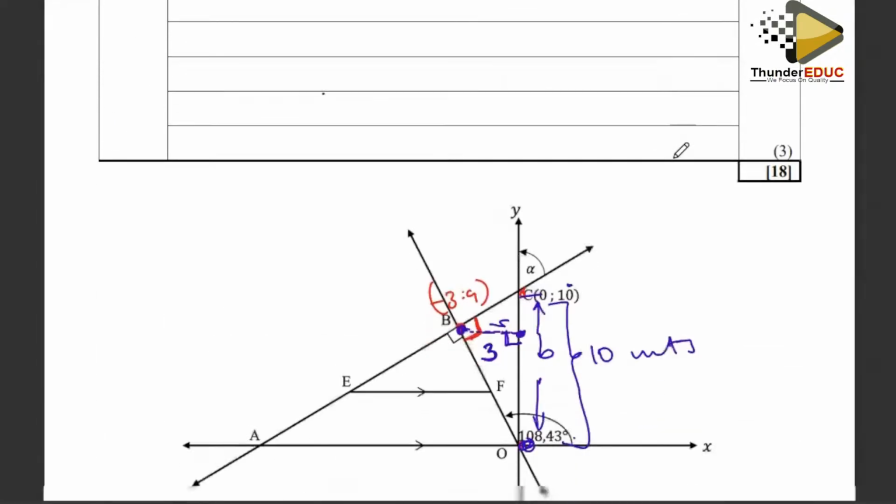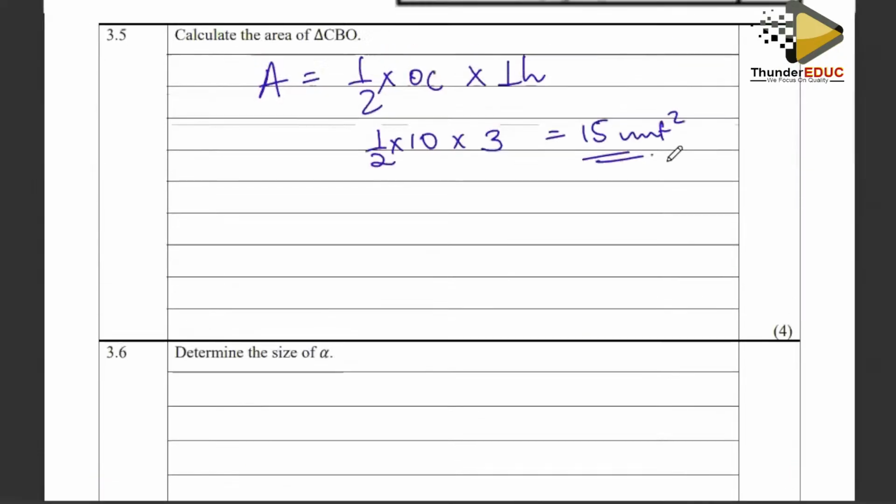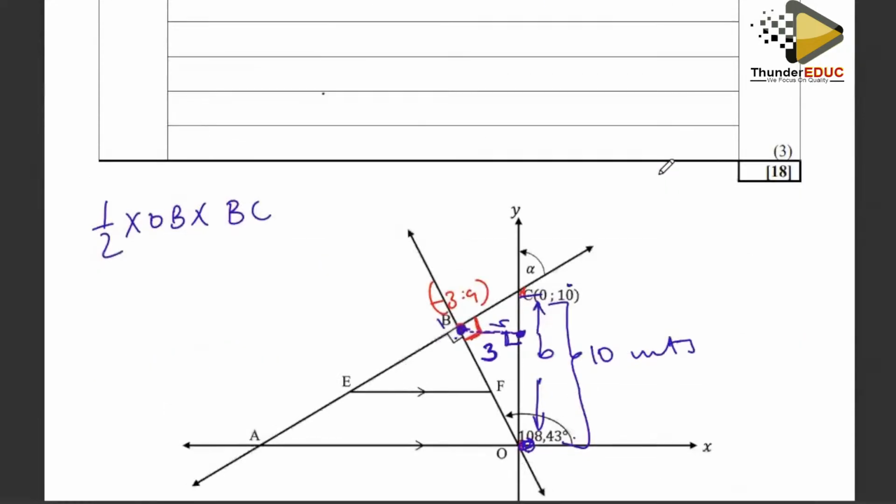Alternatively, somebody could have said that it is a half, this being the base OB, and then the height being the BC. So if that is the case, we have the distance of OB. We got it as 3 root 10.